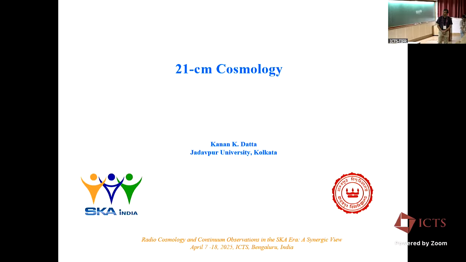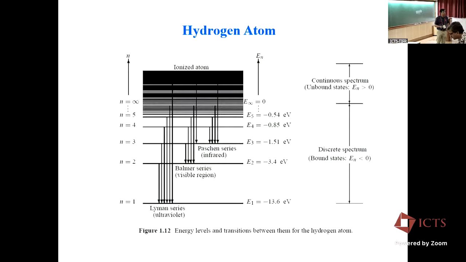Thank you, Suman. So I have been asked to give a lecture on the basics of 21 centimeter cosmology. I shall start with something that you all are familiar with.